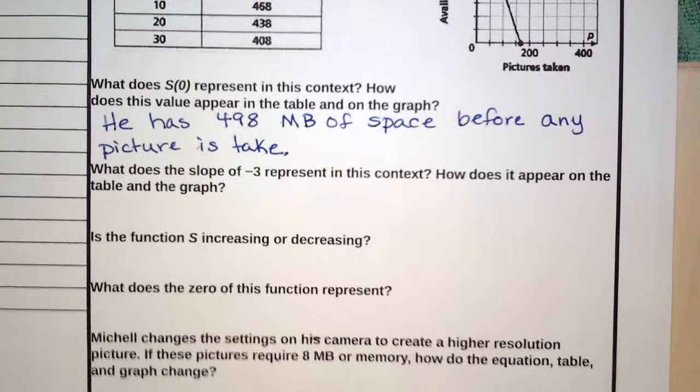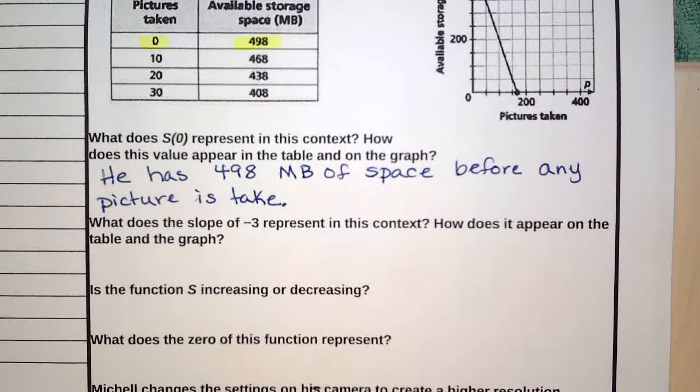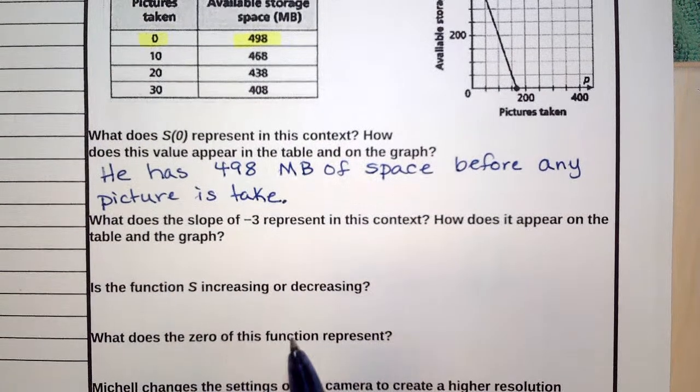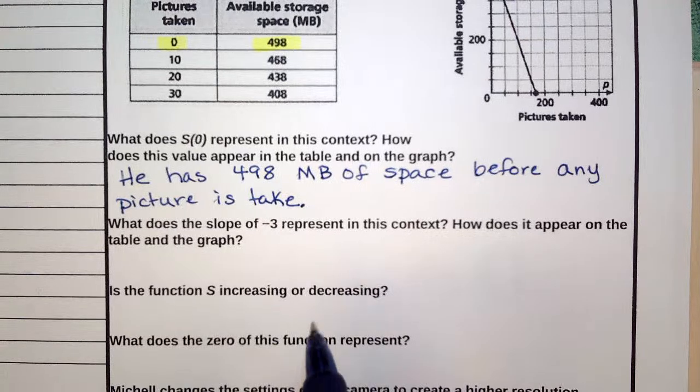So what does the slope of negative 3 represent? The amount of space used with each picture.